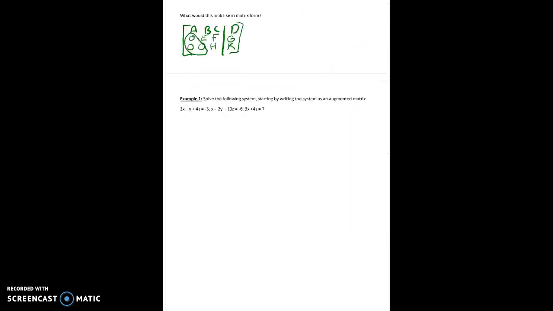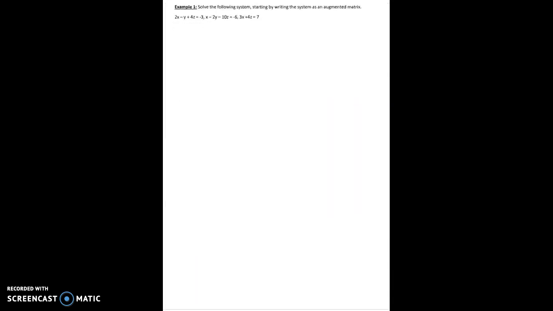So let's go ahead and look at an example. It says, solve the following system by starting by writing the system as an augmented matrix. We're really going to be doing similar things here, except now we are getting rid of all those variables in the equations and just talking about the coefficients in matrix form. So when I start to write this, I'm going to write that first equation.